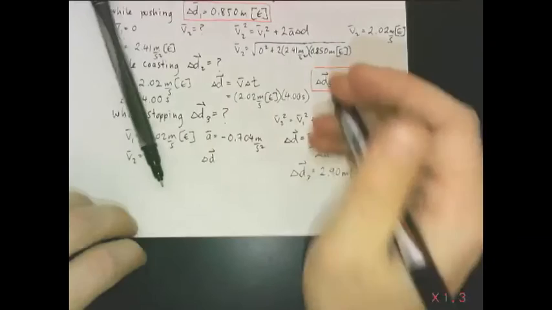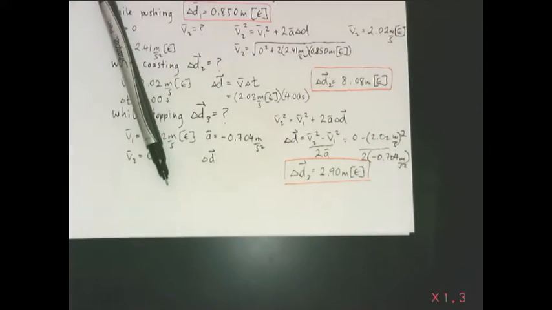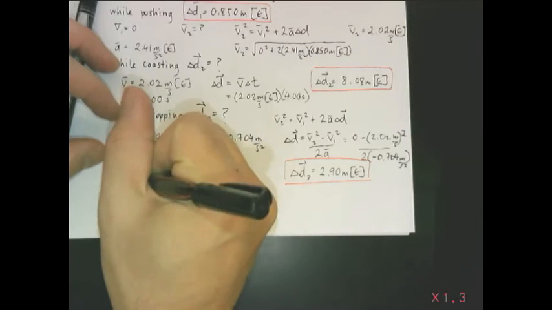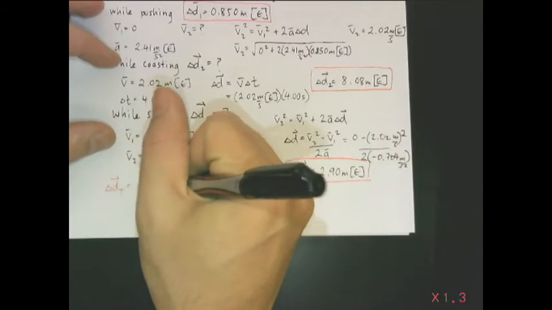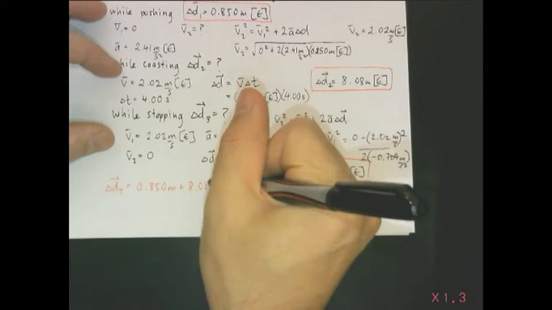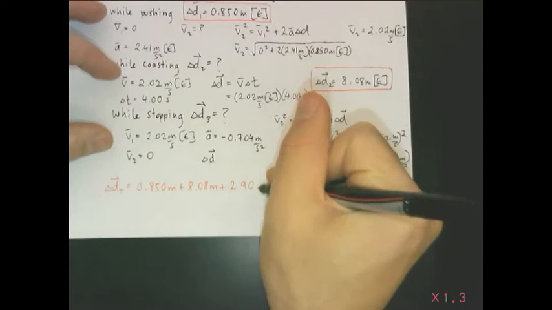And finally, while coming to rest, this person traveled 2.90 meters east. If you want to find the total displacement, just add them all up. I'm going to use the plus and minus convention, plus being east and minus being west. So we have 0.850 meters plus 8.08 meters plus 2.90 meters.